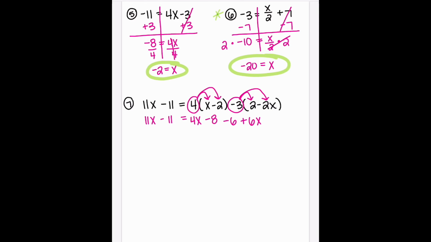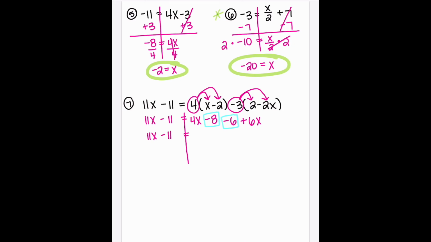Now we can work on combining like terms. We have a few things we can do here. Over on the left, they both have an 11, but they don't both have an x, so we can't combine anything over there. We're going to leave it the way it is and bring it straight down. But on the right, we have negative 8 and minus 6.